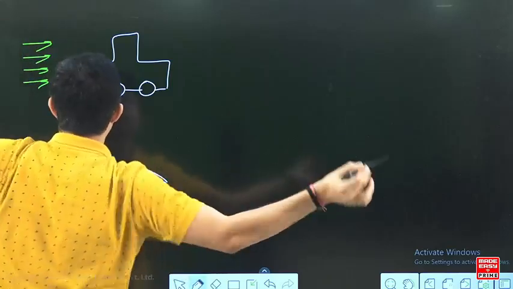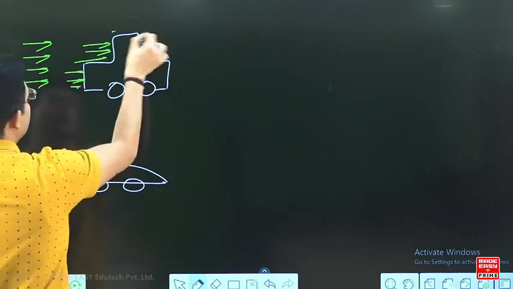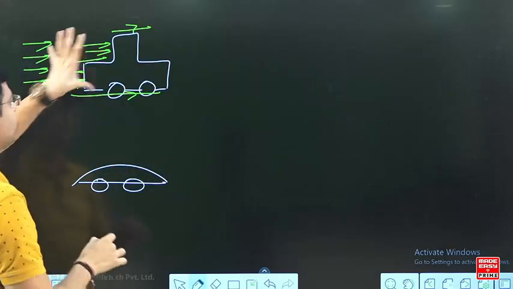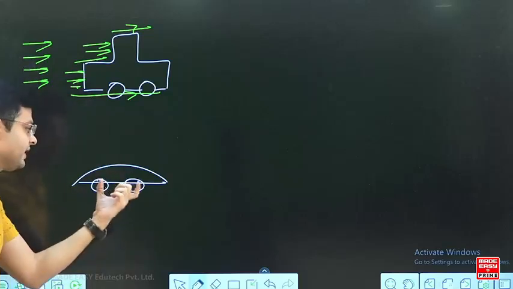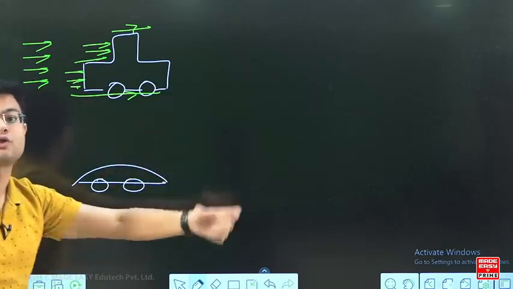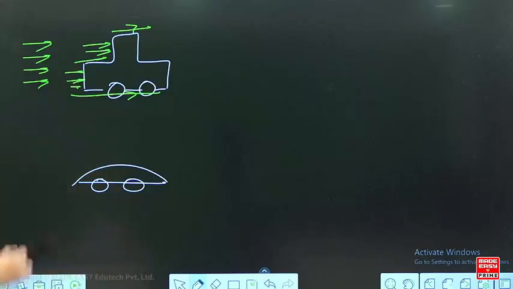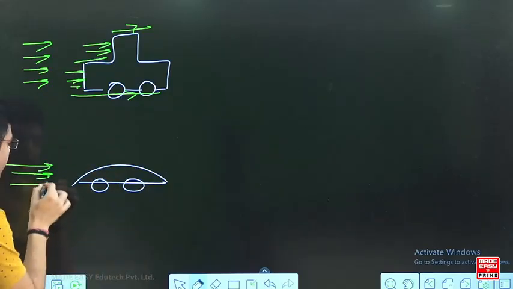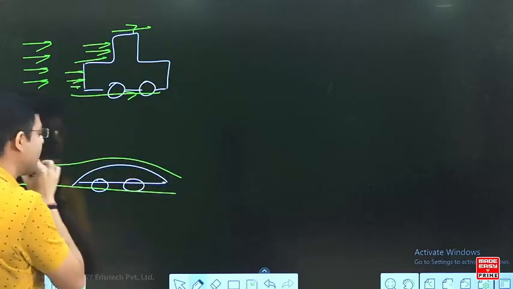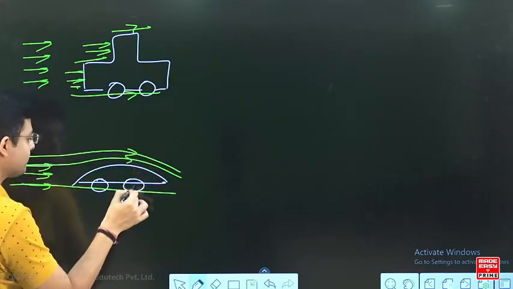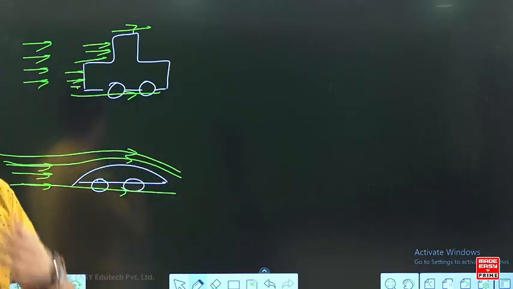There is a huge order of pressure drag over this body, and friction drag is also not less. But can you see the shape of this body is much more streamlined in comparison to that body? Yes, sir. So when the fluid comes in from here, the fluid streamlines are going to move something like this. There will be less trouble for the streamlines.